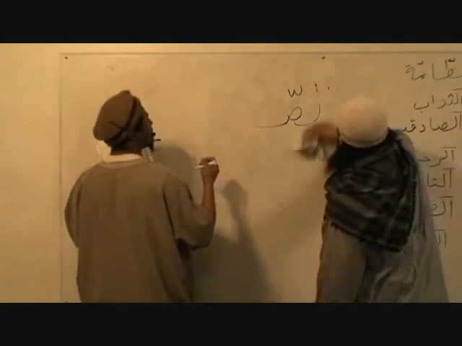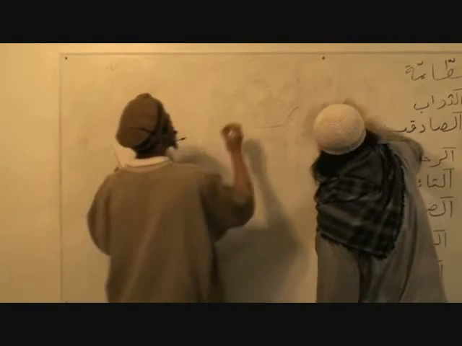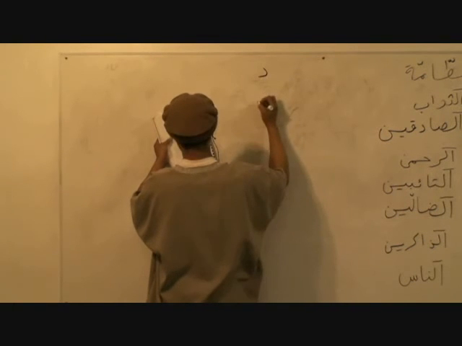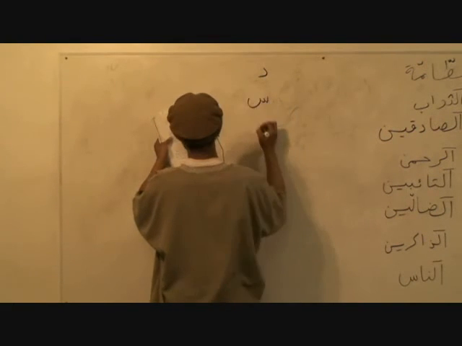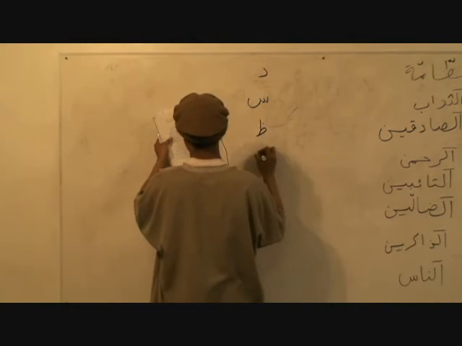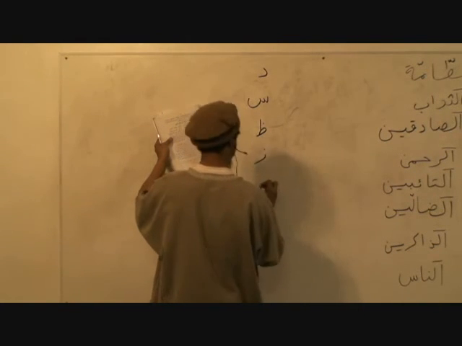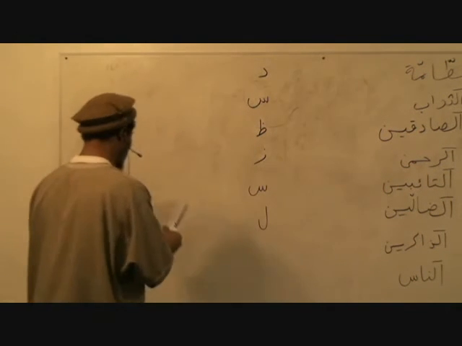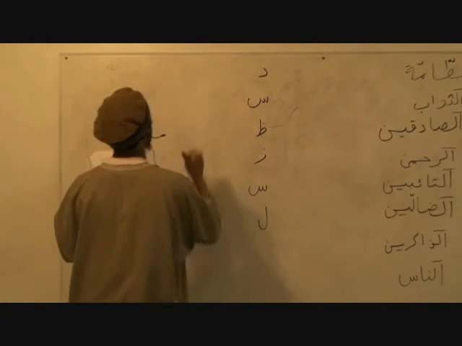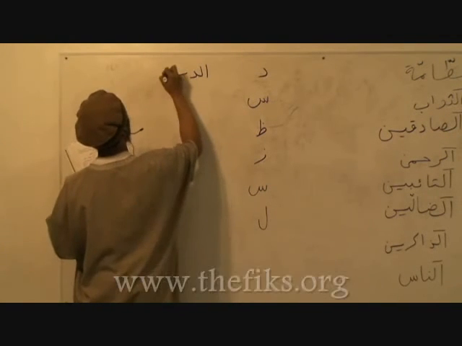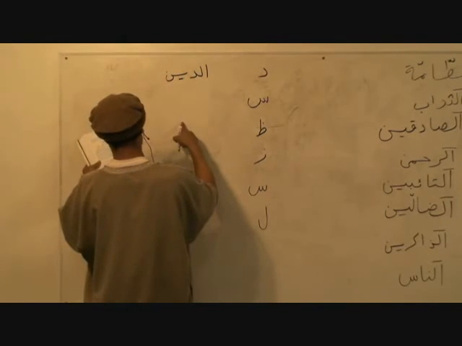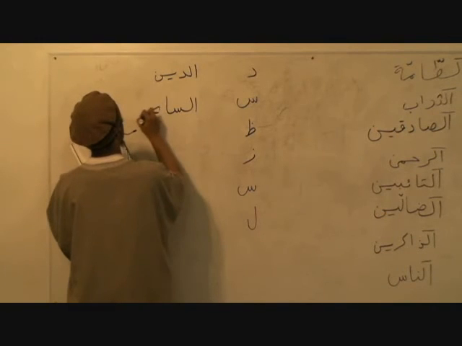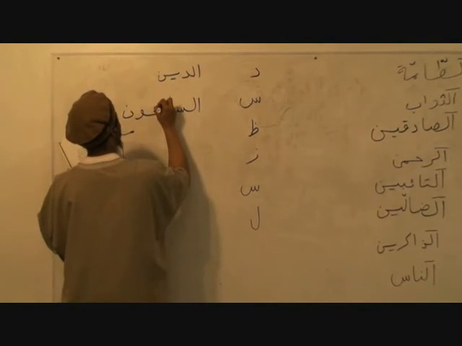The next bunch of letters that we have is dal, da, su, run, zur, sharifa, lil karam. Okay, so here we would have, what's the words that he used here? Ad-deen. Say ad-deen. The next one that he used, as-sa'ihuna.